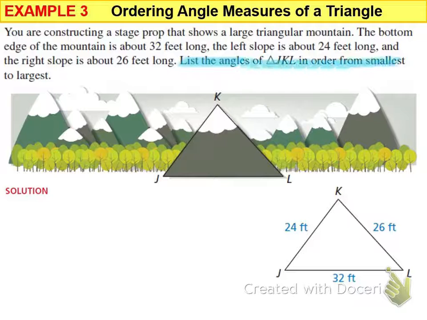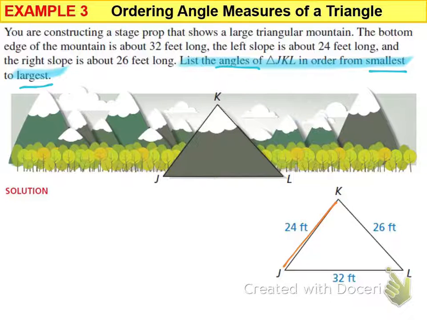So here, we can highlight this. We're going to list the angles in order. We're going to go from the smallest to the largest. So we're listing the angles. The number one reason students get this wrong is they don't read if they're listing sides or angles. But we're listing angles. We want the smallest first. So what is the shortest side? JK is 24.